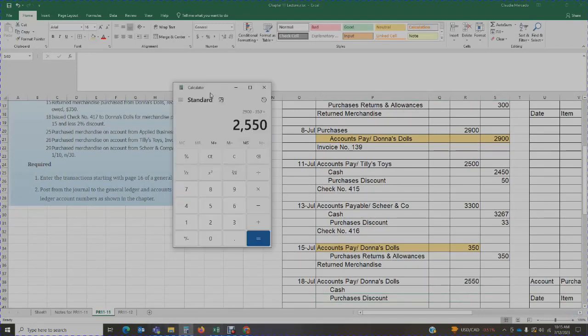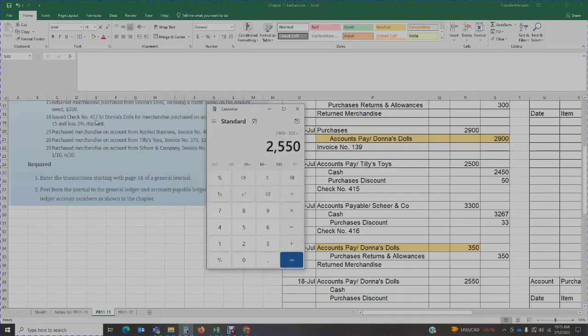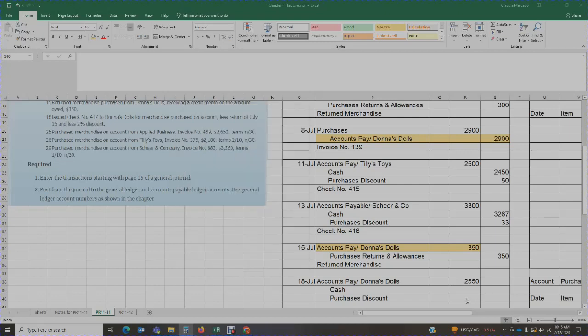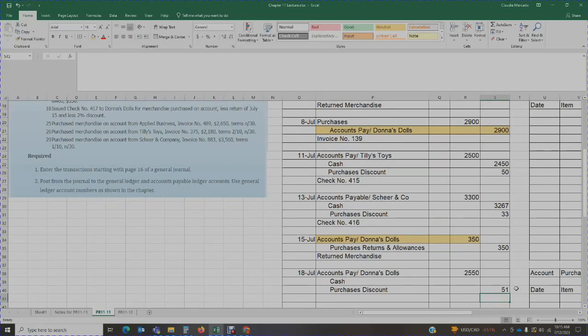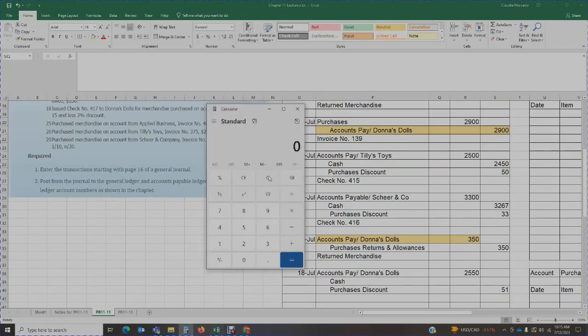We've got $2,550. According to the problem, my discount is 2%. We're going to multiply it by 2%. That's going to give me a discount of $51. So I've got a purchases discount of $51. So I've got $2,550 that I owed, less my discount. So the amount of cash that I'm actually going to pay is $2,499.